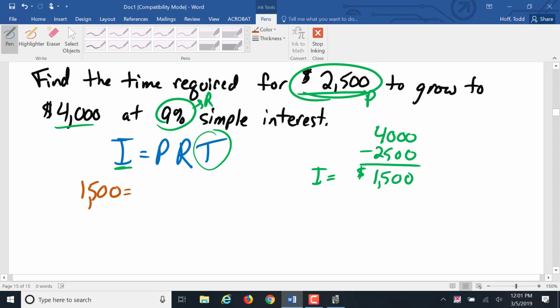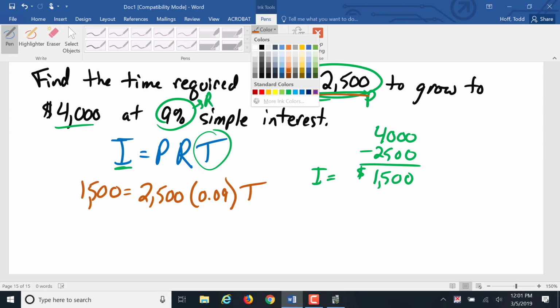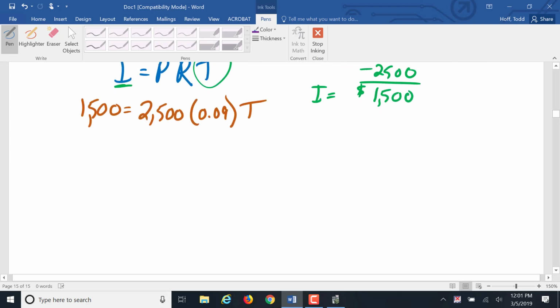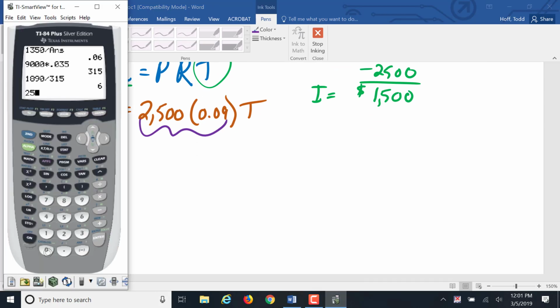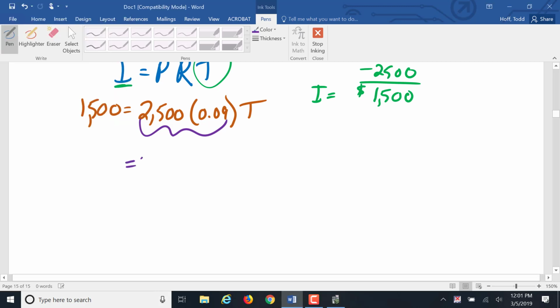The principal is that starting amount of $2,500. Our rate, 9%, is 0.09, and we are looking for the time. So we're going to combine the 2,500 times 0.09, which gives us 225. So 1,500 equals 225t.